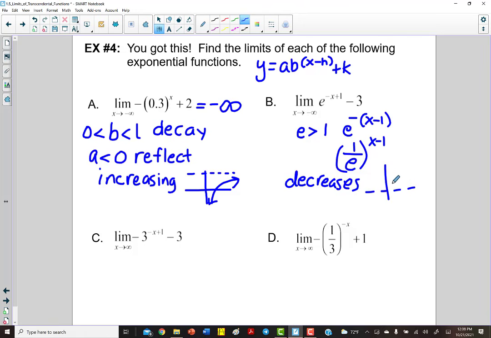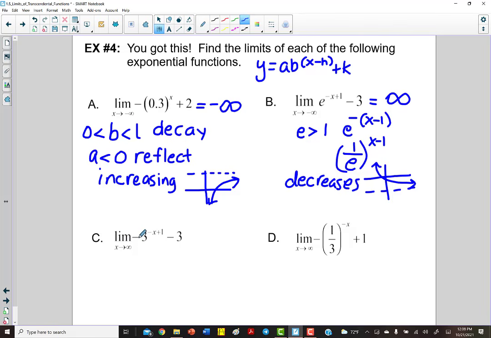And negative 3 is our horizontal asymptote, and this function is going to decrease toward that asymptote. So the limit at negative infinity would be unbounded upward, heading to positive infinity.